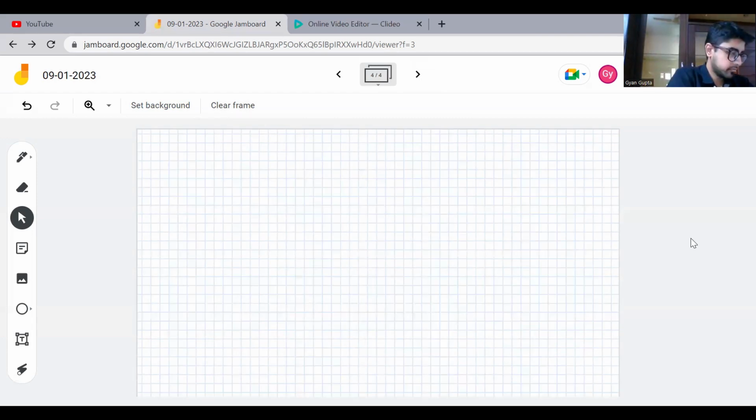Now, let us draw the graph for y is equal to minus x square plus 4x minus 3. Please see that in this case, a is equal to minus 1, b is equal to 4, and c is equal to minus 3.